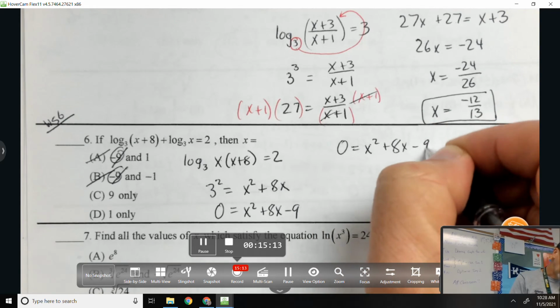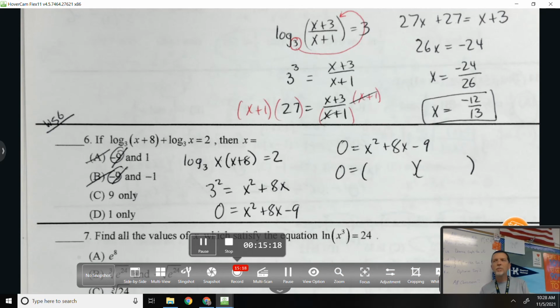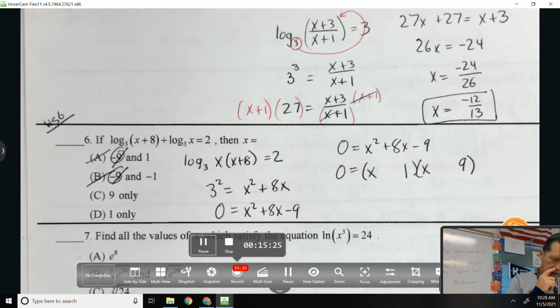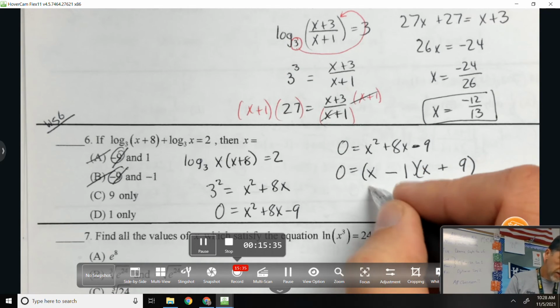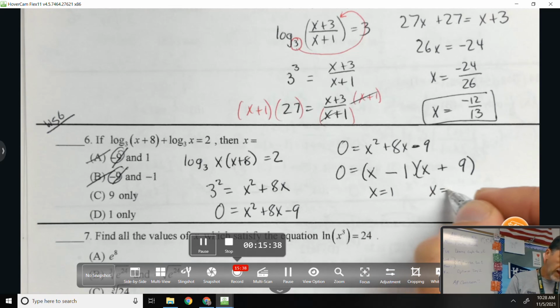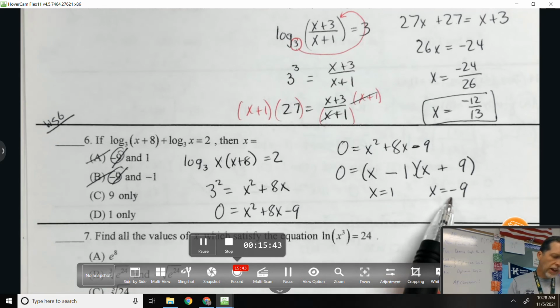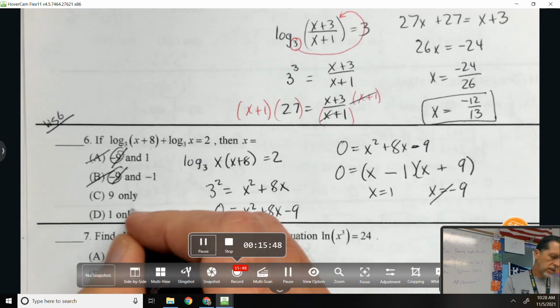We'll see if I can factor this one better than I factored that last one, where I messed up. Got to multiply to 9 and add to 8. Signs will be different. That's what I didn't think about last time. So plus 9 and minus 1. So x equals 1 and x equals negative 9. But I can't use negative 9 because that would make me take the log of a negative number. So he's out. 1 only.